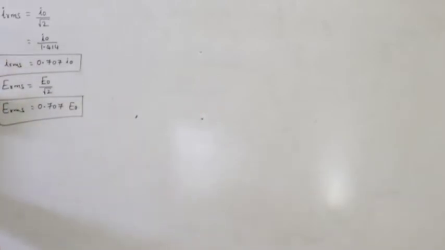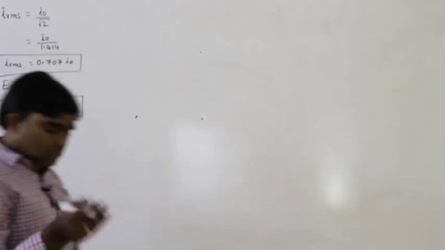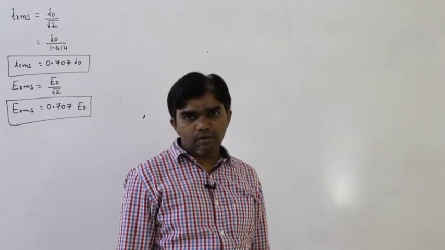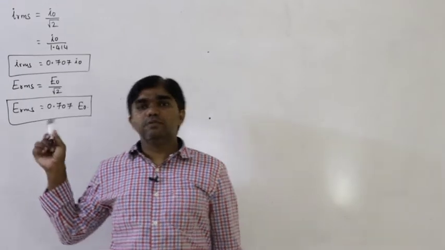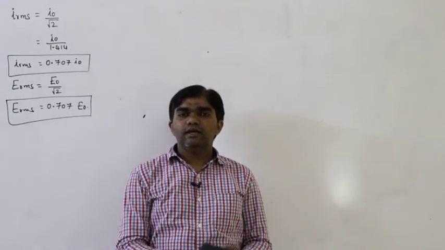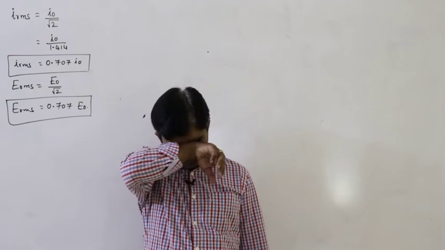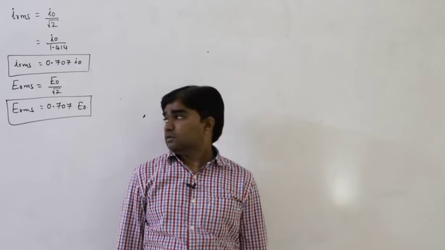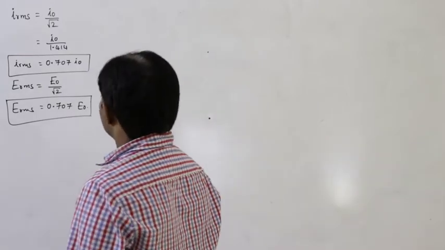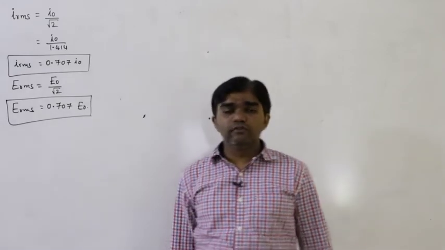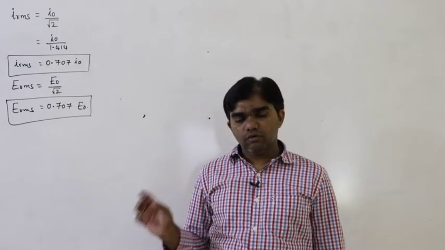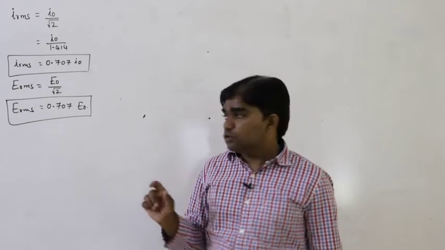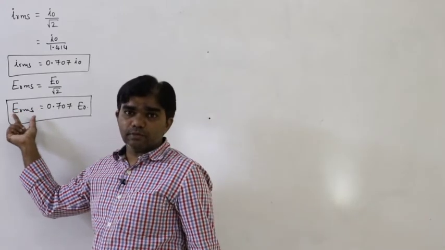So these are the RMS values of currents generally. All the values specified in the problems must be RMS values if they are not specified otherwise. For example, if they mention 200 volts alternating potential, the 200 volts means the RMS value is mentioned in the problem.